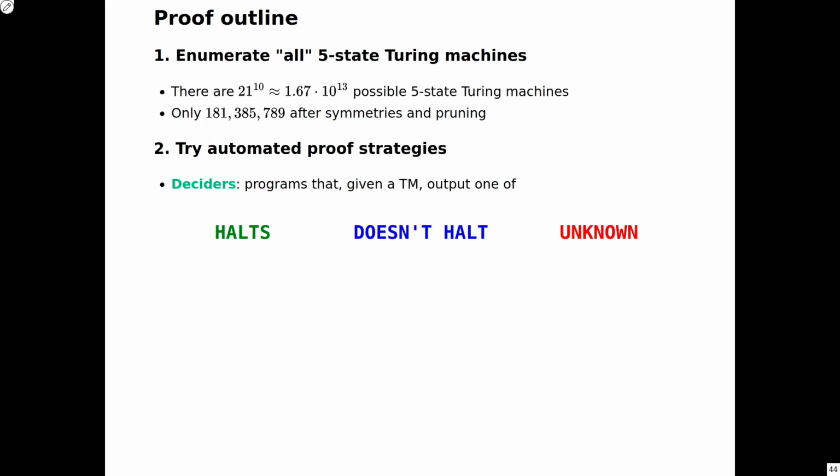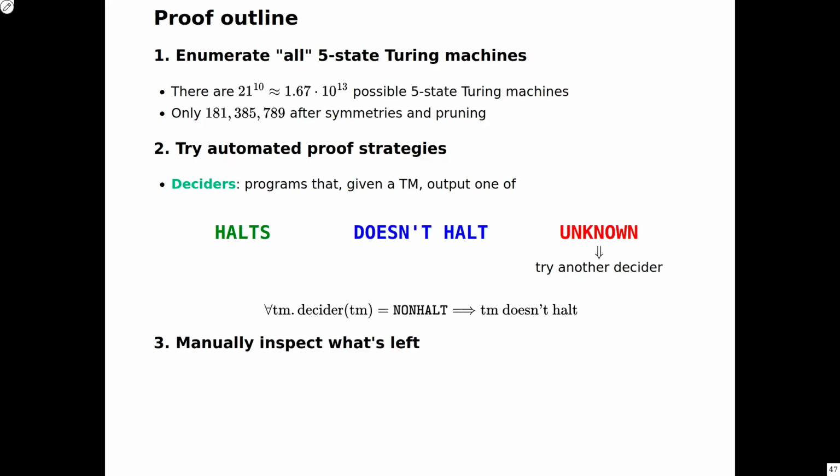And if we get the unknown verdicts from one decider, we try another one, and we form this pipeline of successively more advanced, or rather more tailored to the leftover set, algorithms for attempting to decide Turing machines. And all this is the crux of the proof, where you want to have a formal proof of correctness for these algorithms, which generates statements like, if the decider says that it doesn't hold, then it doesn't hold.